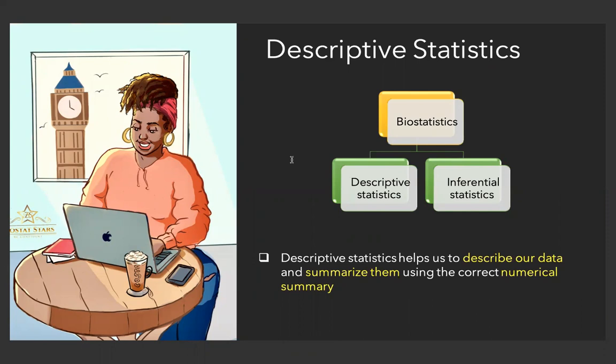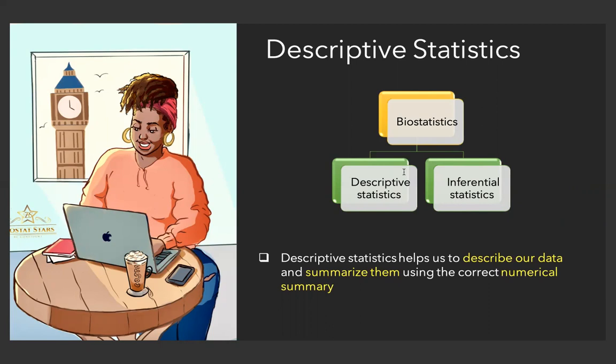In the next video, we're going to talk about descriptive statistics. So this first part, we basically covered the foundation and the basics: what is statistics, what is biostatistics, what is a population, a sample, what are population parameters, sample statistics. Then we talked about variables, the types of variables.